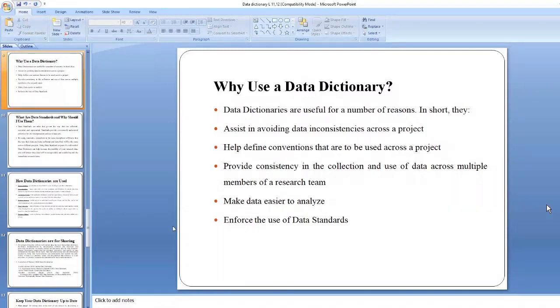The data dictionary helps us to avoid data inconsistency, and at the same time, it helps us define conventions that are to be used across a project.